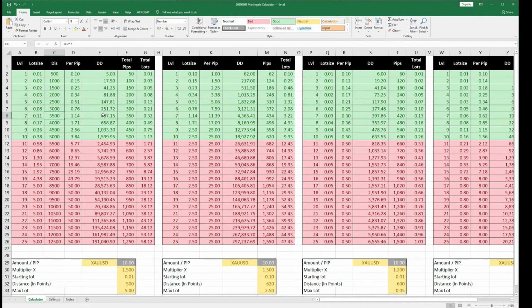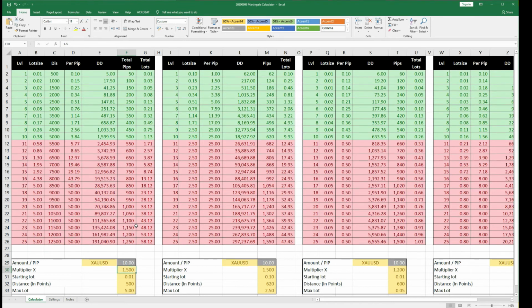But most of the time we don't set it so tight. You want to give it room to breathe, so you might want to set it to a max lot of 0.08, for the matter.